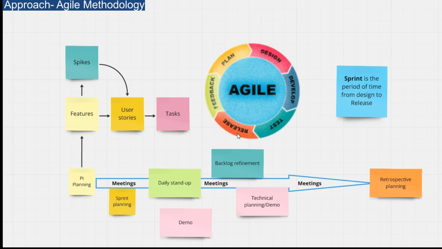What the Agile methodology is. Simply, it is a project management methodology that organizes the activities and the phases we need to go through to convert a requirement into a deliverable.